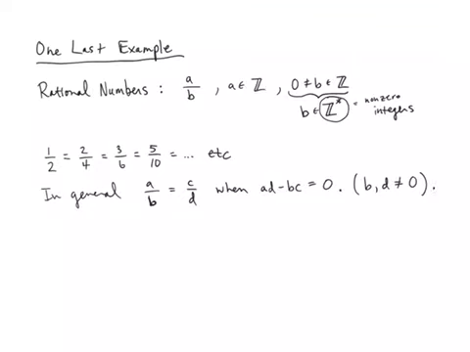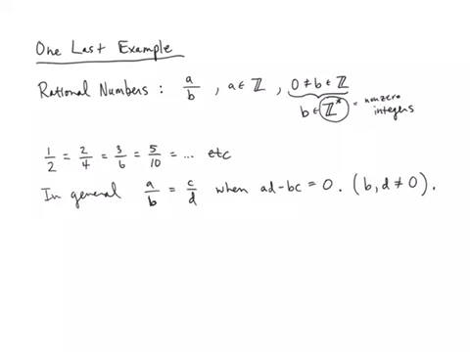Now, the way you're used to dealing with these fractions, these rational numbers, a perfectly sensible and fine way to think about them is just operationally. You know the rules for manipulating these things. You know when a over b is equal to c over d, and you know what they mean.